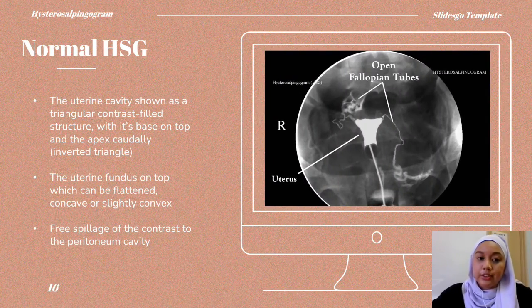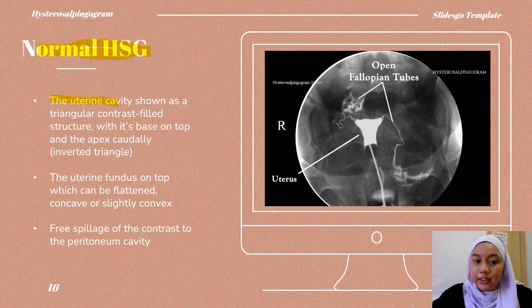So let's look into the image analysis when we get this picture. So, a normal HSG analysis. You can see from the picture, we can see the uterine cavity shows as a triangular contrast-filled structure, with the base on top and the apex caudally, which is an inverted triangle.